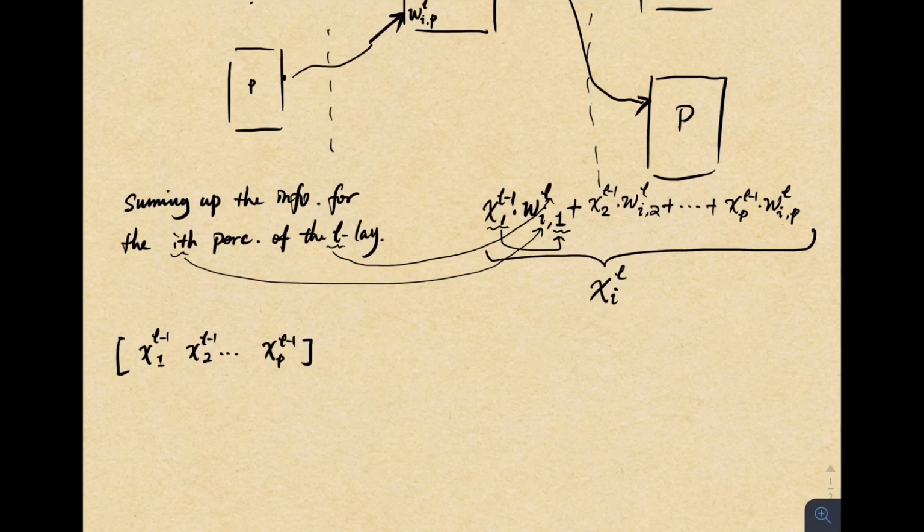And if I write those weights in a column, W for the ith neuron connect to the first x of the previous layer. W for the ith neuron of the Lth layer connect to the second neuron of the previous layer, okay, go all the way to W of the ith neuron of the Lth layer to connect to the last neuron.